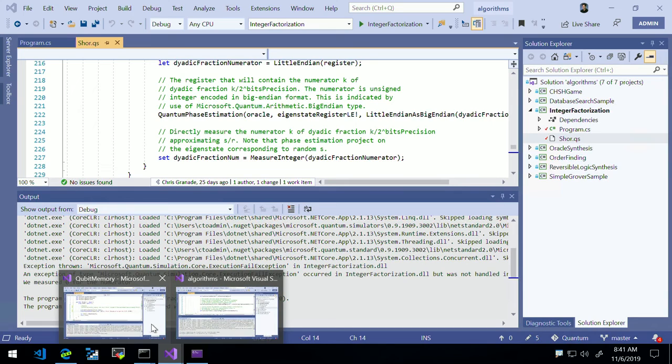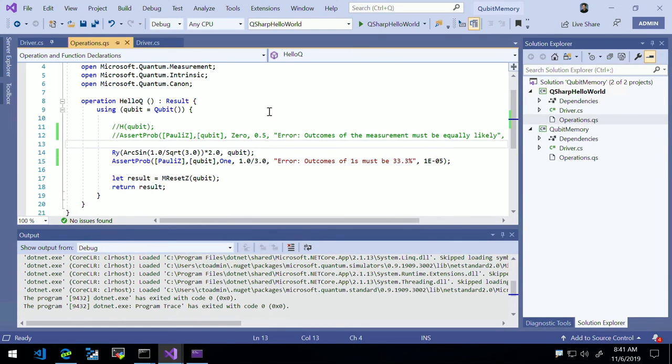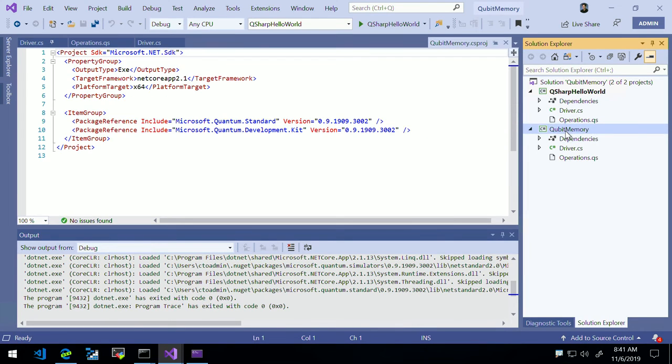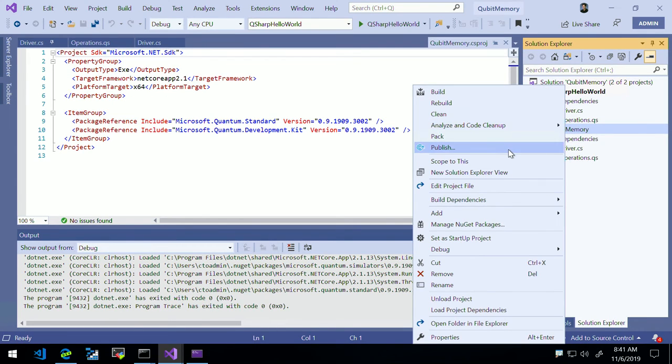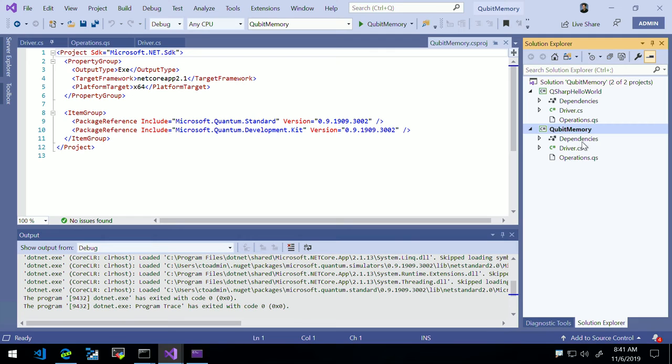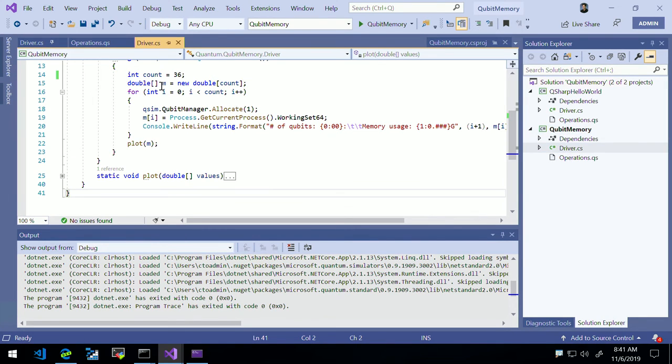One of the reasons why it's so hard to simulate a quantum computer is the amount of memory required to model the states that it's in. And this is why you can only model a quantum computer up to a certain size on top of a classical computer. I've got this little program right here. All it does is allocate qubits. So for 1 to 36, I'm going to try to allocate qubits from the quantum simulator.